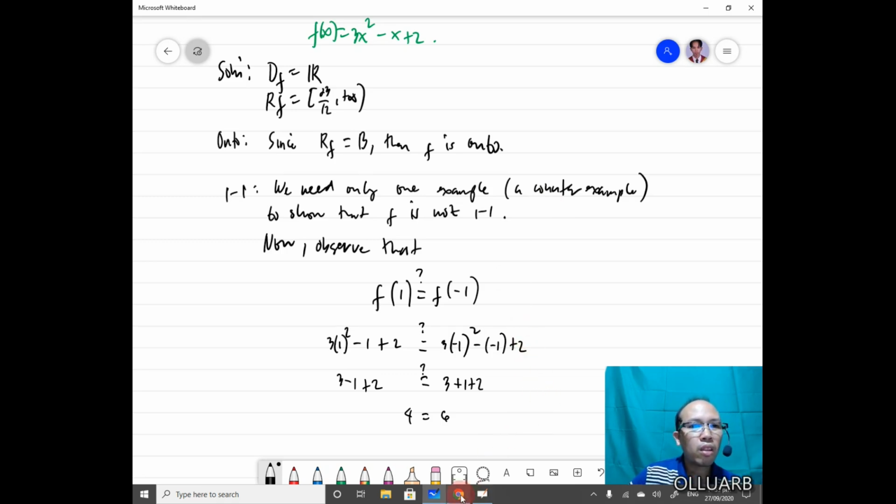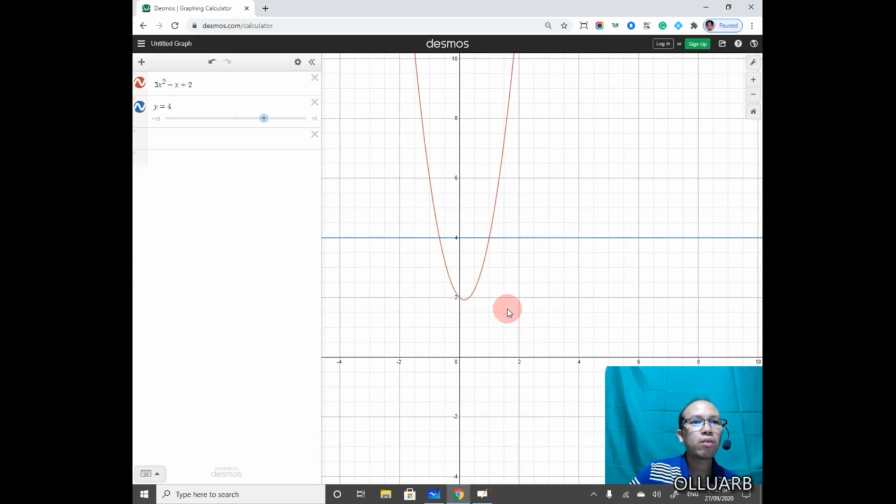What did I do wrong in choosing? Okay, sorry, what should be the value? 4, 1. What is this? 1 is 4. What is this? Negative 0.667.